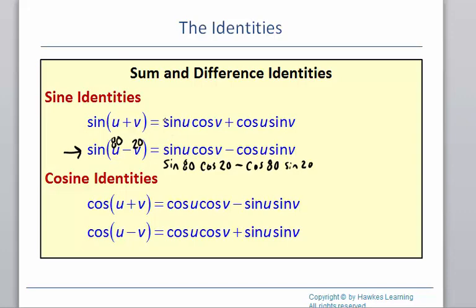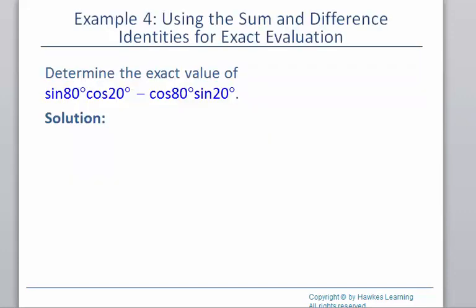Okay, so I'm going to go back to the problem and I'm going to say that this is equal to this, sine 80 minus 20. And let's then continue working.